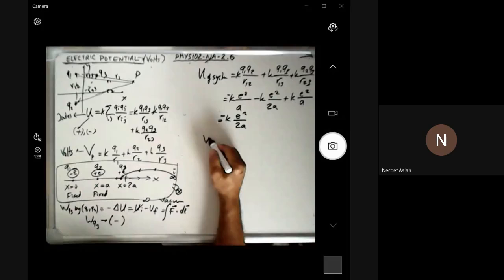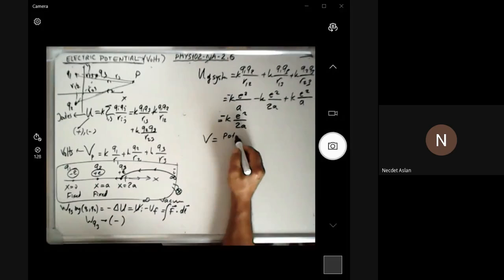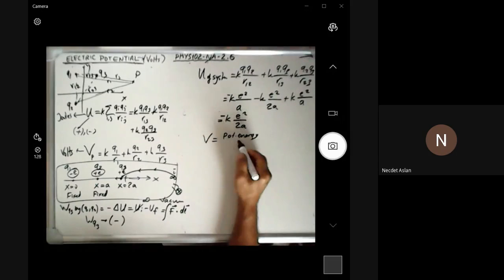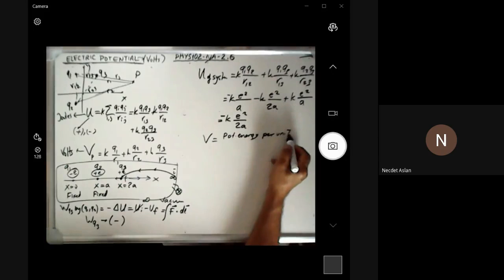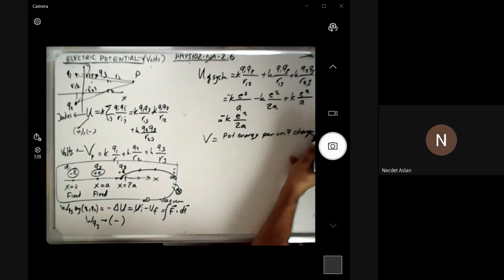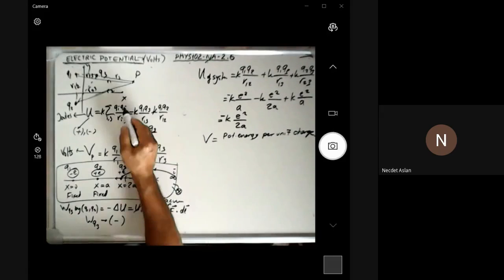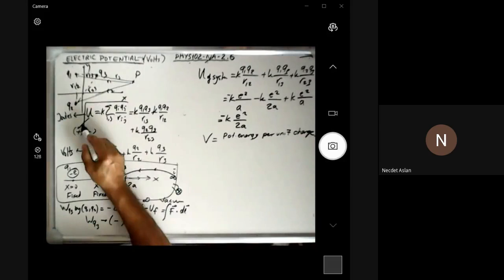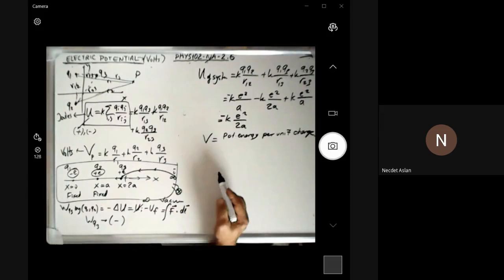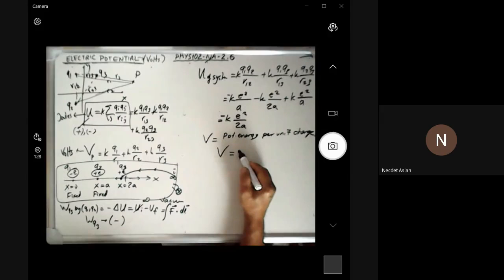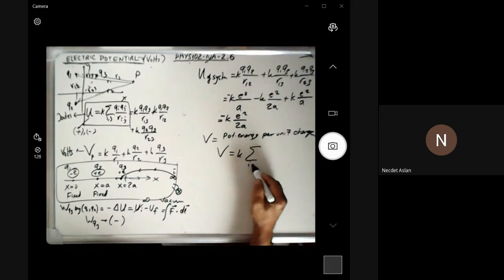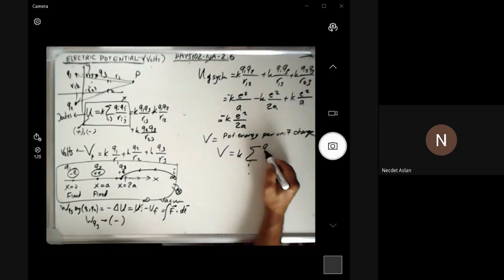So, potential is the potential energy per unit charge. So if the potential energy is obtained by this expression, then the potential can also be obtained by K, sum of Q i over R i.